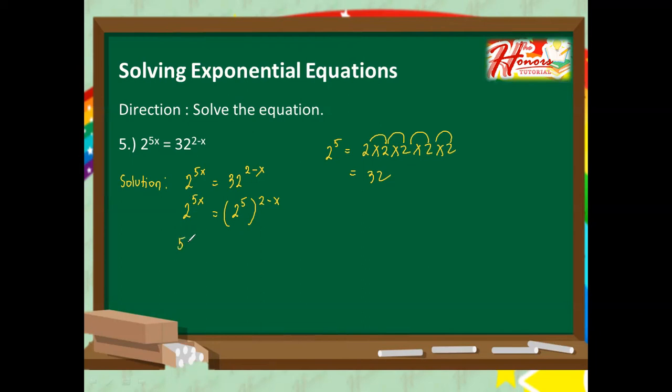So for the left equation, we have here 5x is equal to 5 times 2 minus x. And then we have here 5x equals 5 times 2, that's 10. 5 times negative x, that's negative 5x. And then we will continue solving.